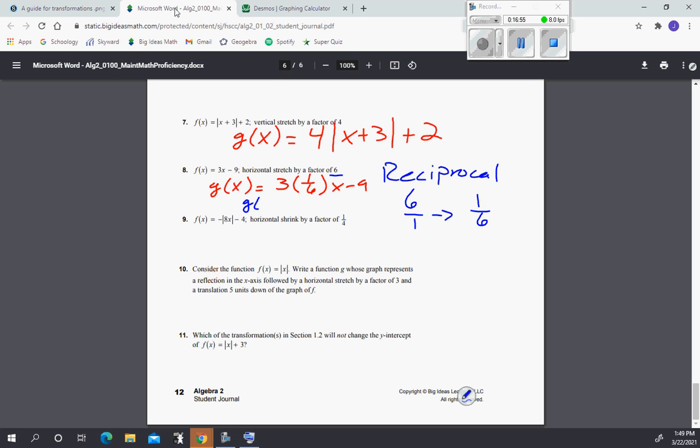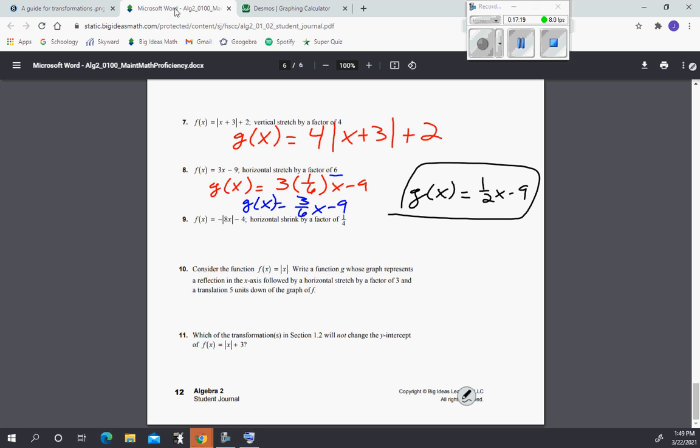Well, g of x equals 3/6 x minus 9. Simplify 3/6. Our final answer, we have to get rid of this reciprocal. Our final answer, g of x equals 1/2 x minus 9. That's our final answer.